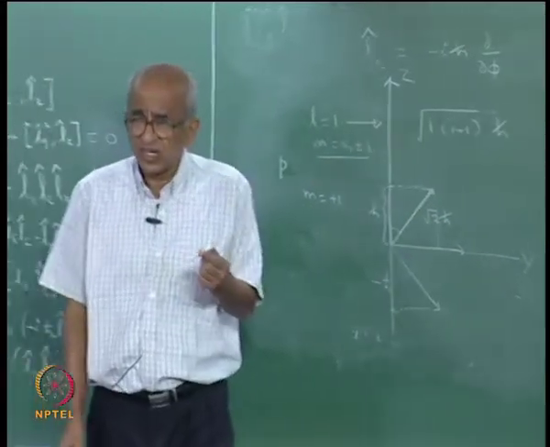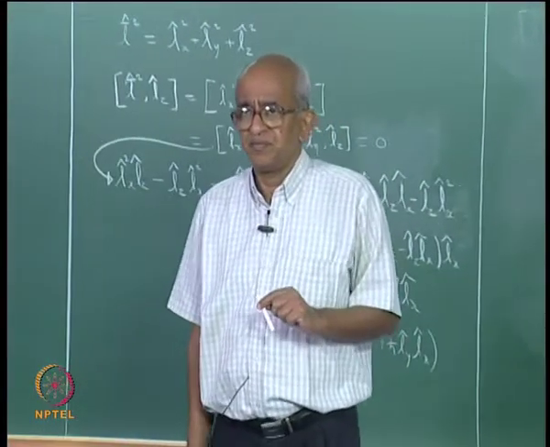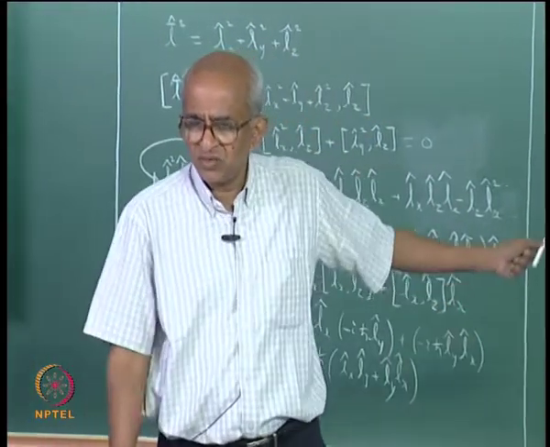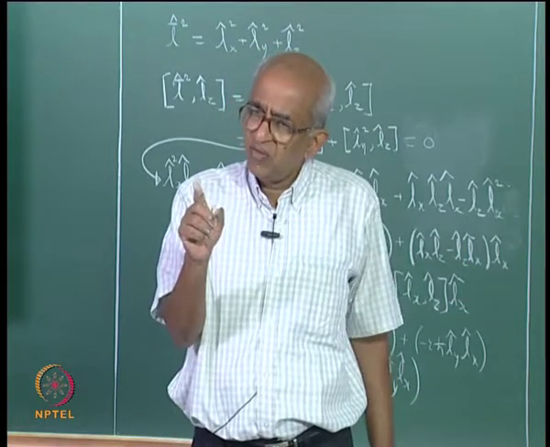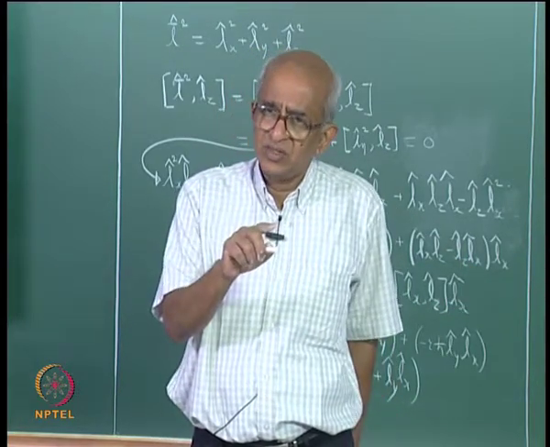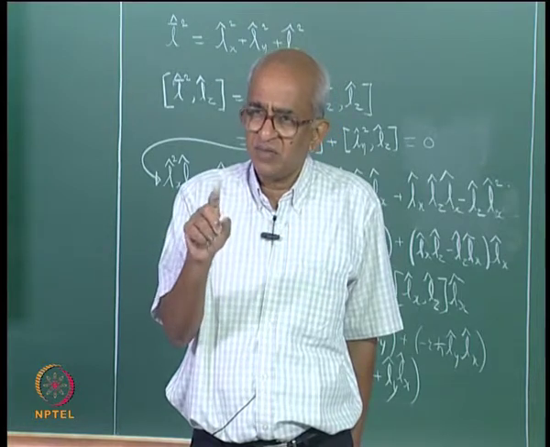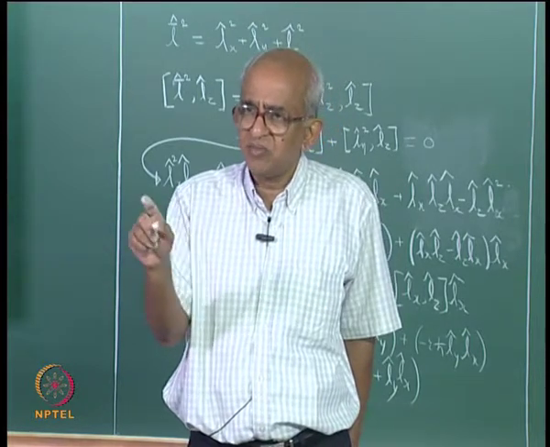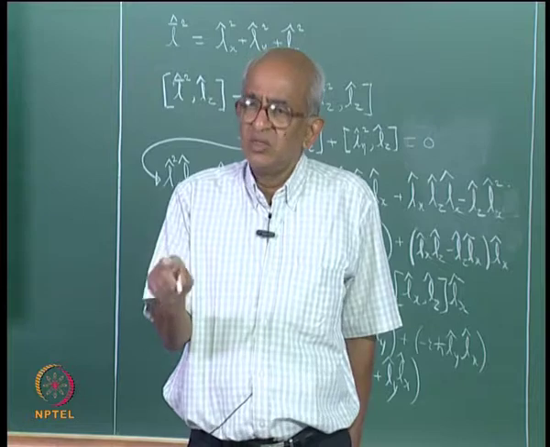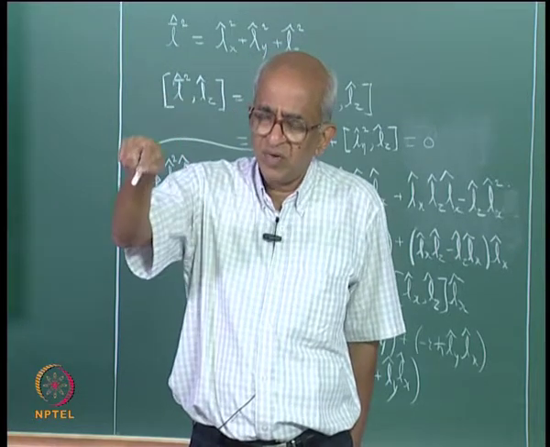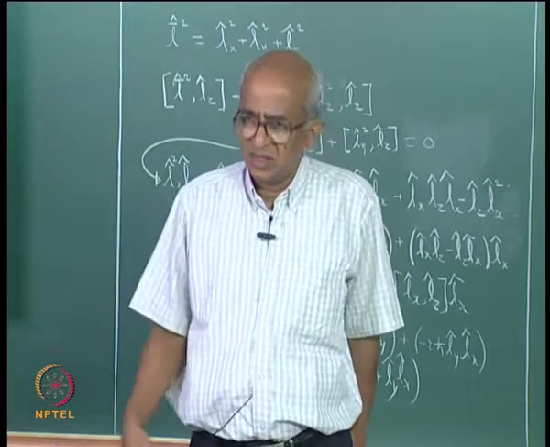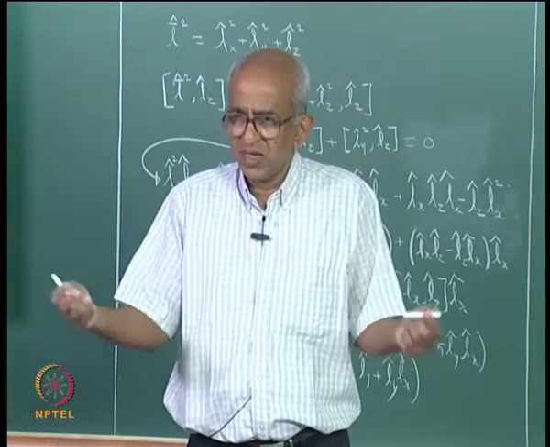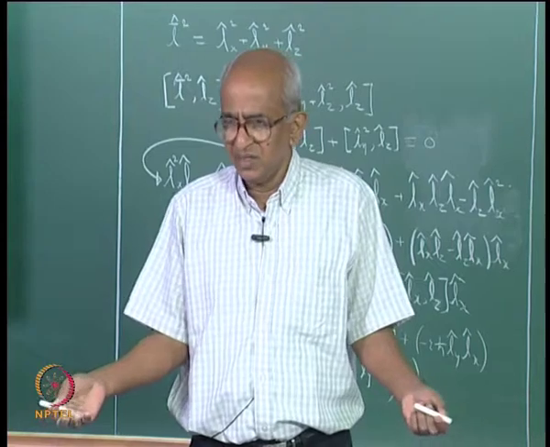But I know that Ly and Lz do not commute, and therefore they cannot simultaneously have precise values. So if you have specified the value of Lz, the value of Ly should be uncertain. I cannot specify exactly what its value will be.